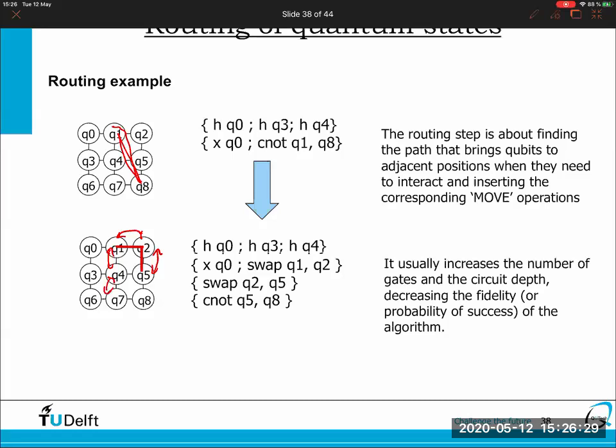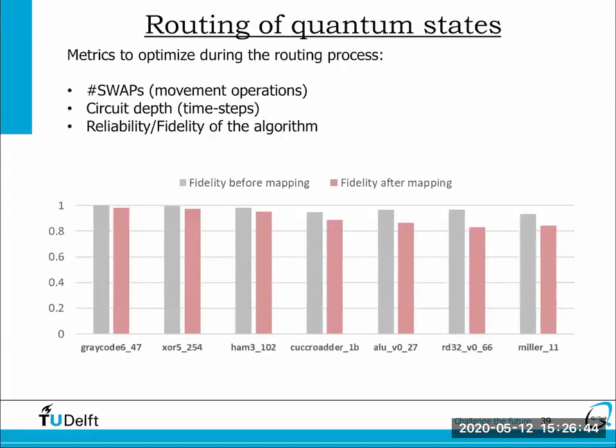So what happens when you do the routing is that it usually increases the number of gates in the circuit and therefore the circuit depth, and that decreases the fidelity or the probability of success of your algorithm because of the reasons that we just mentioned before. So the metrics that usually are optimized during the routing process are the number of swaps, and how you optimize that is just choosing one of the shortest paths.